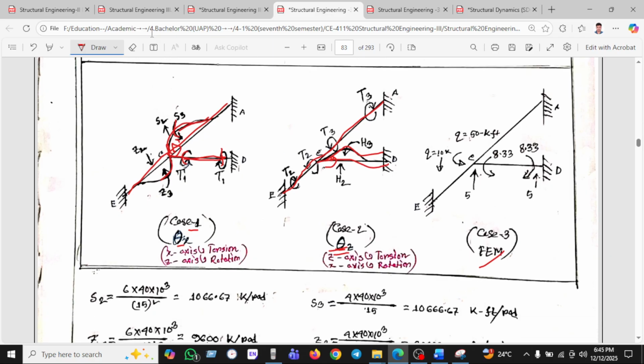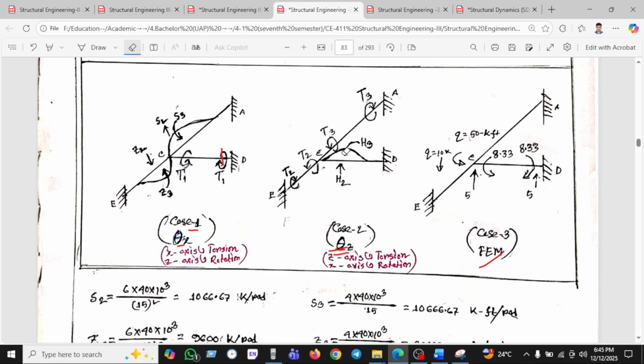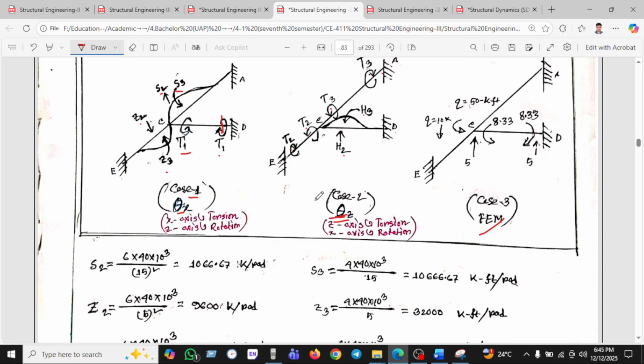Okay, so now we can see, after applying here, Z2, Z3, S3, S2, S3, and T1 are given here, and in this direction T1, T2, T3, T4, and H1, H2 are given here.